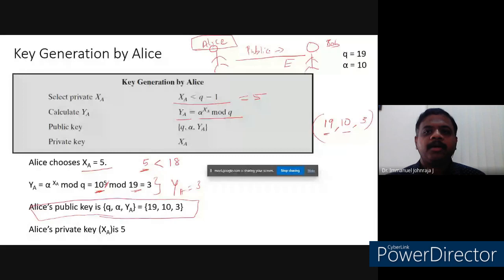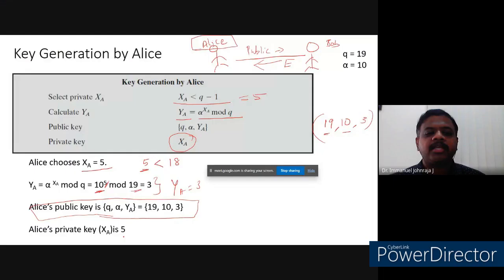Bob has to use this public key for encryption. Please remember the story correctly. Bob uses this public key for encryption, and then after the encryption, the ciphertext will be given to Alice for decryption. So Bob and Alice have shared the public key, and Bob does the encryption to find the ciphertext that is exchanged.